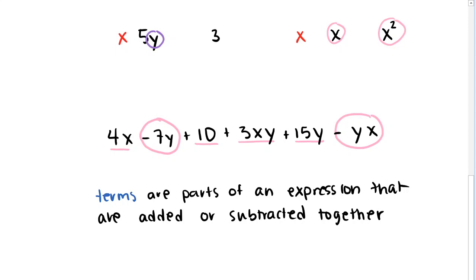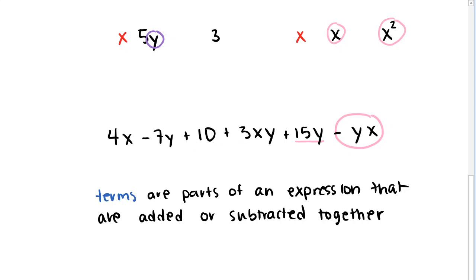So these are all the terms in the above example. It's just the parts of our expression separated by addition and subtraction, and we always keep in mind that the subtraction is attached to the term on its right. So I don't think of this term as 7y, I think of it as minus 7y. Okay, so that's what terms mean.